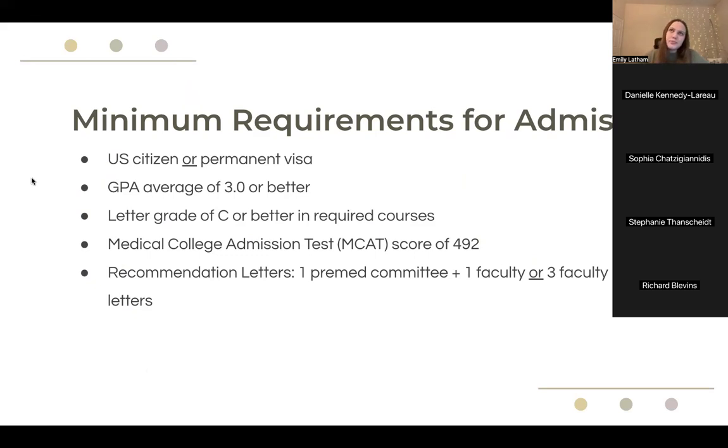And so even if you have a lower grade than that, as long as you retake the course and get a C or better, then that meets the requirement. And then you have to have a minimum score of 492 on the MCAT, and then recommendation letters. You need one pre-med committee letter with a faculty letter or three faculty letters. So those are just your minimum basic requirements for the application.